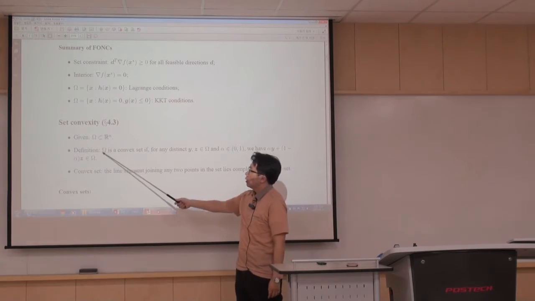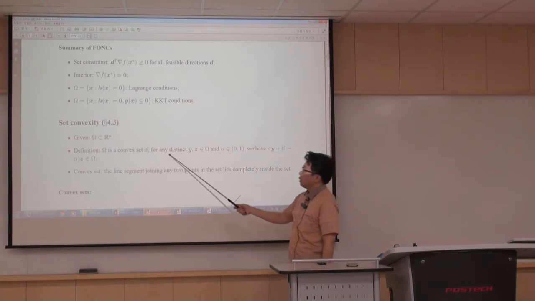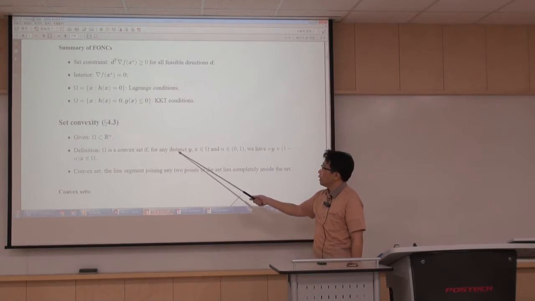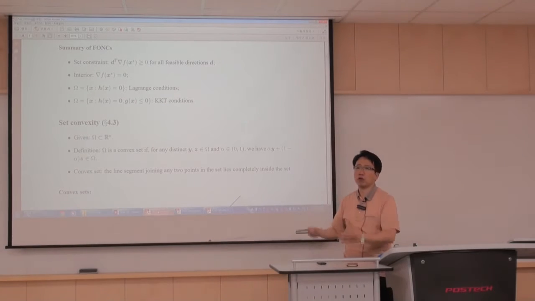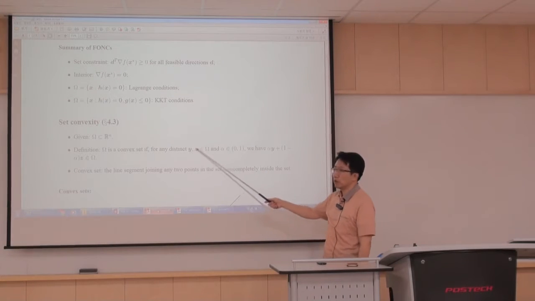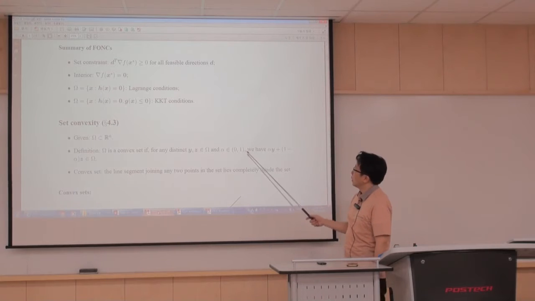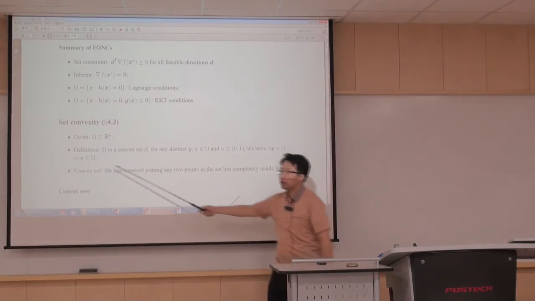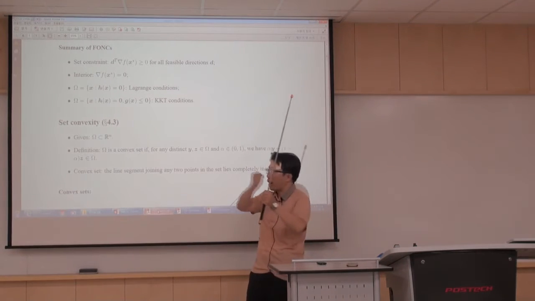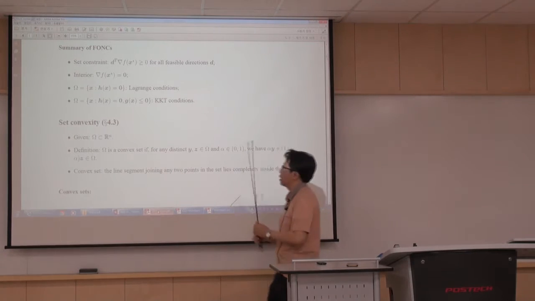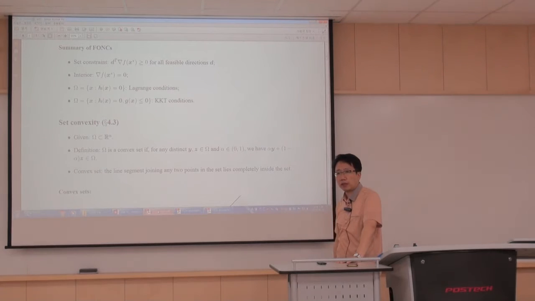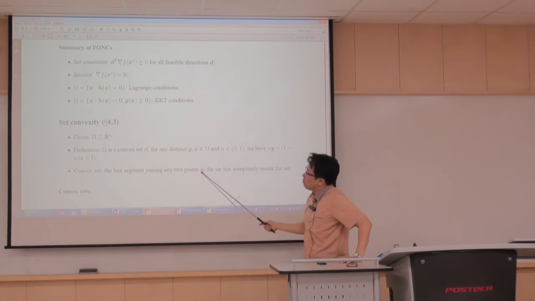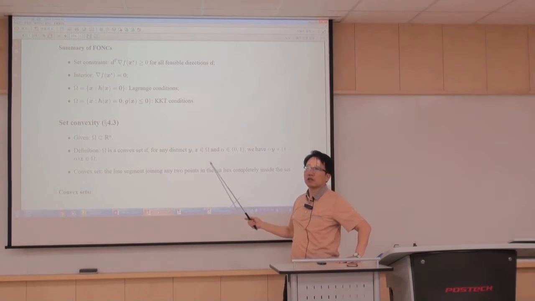So here, a set is convex if for any feasible points, in terms of our objective function, any feasible solutions y and z, the line segment from y to z is contained in the constraint set. Got it? But this can be interpreted in an interesting way.